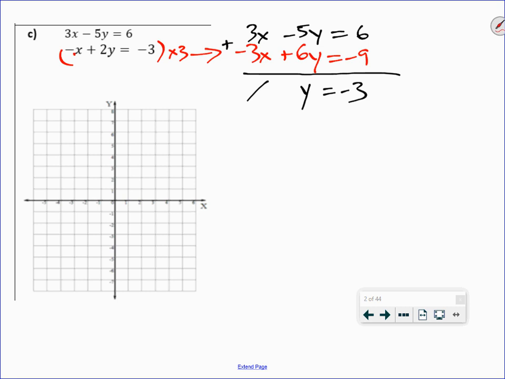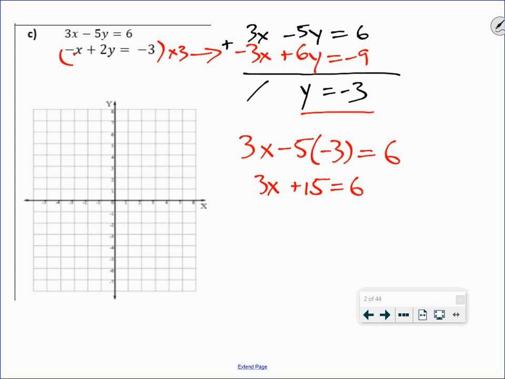So I know that y equals negative 3. So I can rewrite the original equation, but instead of writing y, I write negative 3. This will give me 3x plus 15 equals 6. I will subtract 15 from both sides, and we'll get 3x equals negative 9. Divide both sides by 3, and I'll get x equals negative 3.